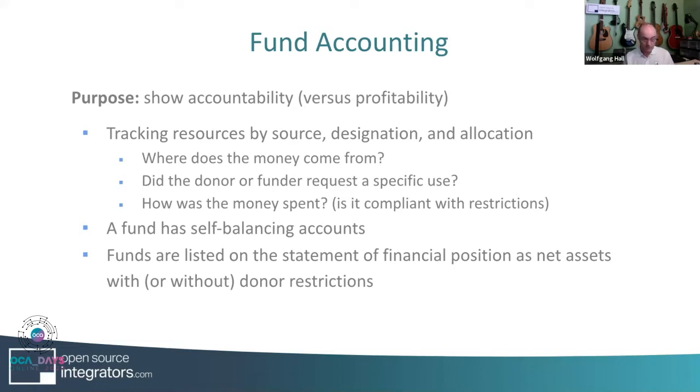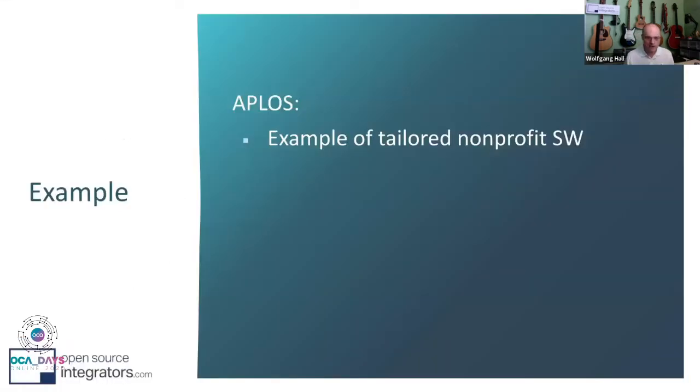So we know exactly what goes in and out, and funds are listed on the statements of financial position as net assets with or without donor restrictions. So if I donate something, I can put a very strong restriction on it and say, only spend my money for something specific. And I want to give you a very quick example of what that actually looks like.